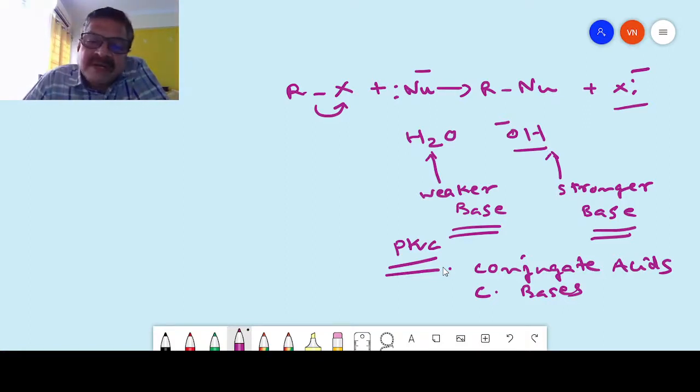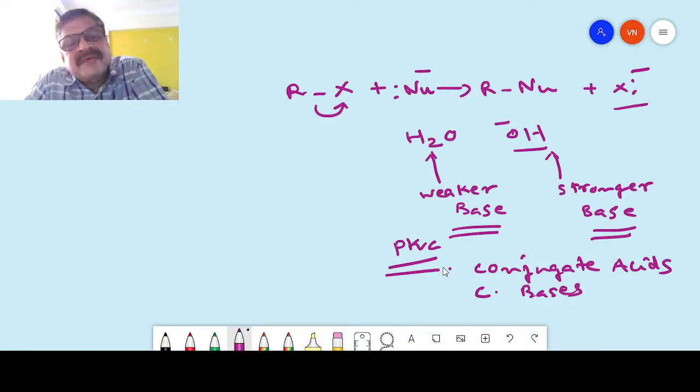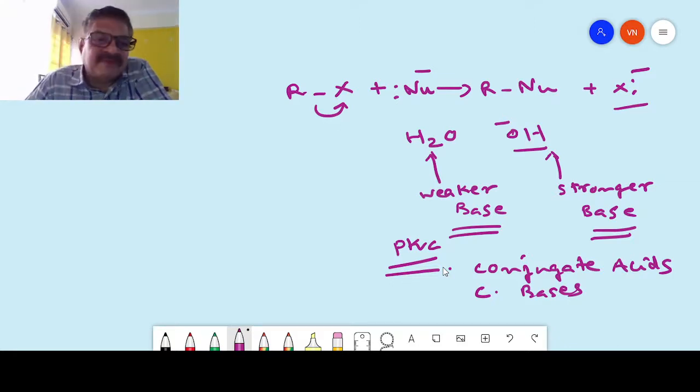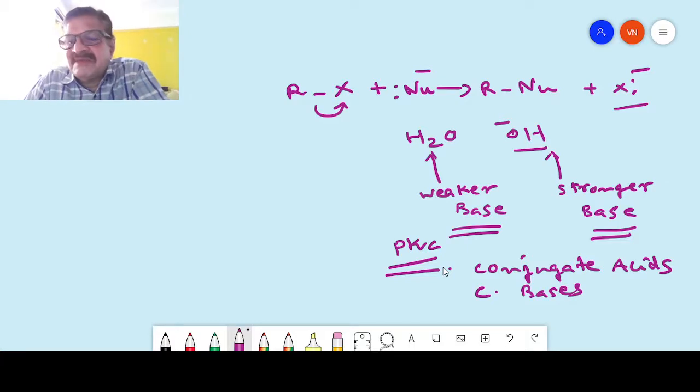Now in the periodic table, if you see the periodic trends of acidity and basicity, from left to right across a row of the periodic table, that is a period, we have seen the acidity increases because the electronegativity increases. So when the acidity increases, the basicity decreases.